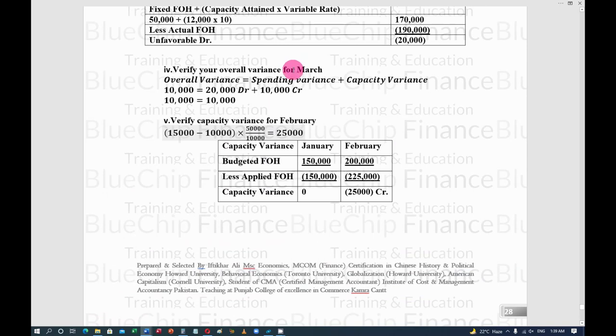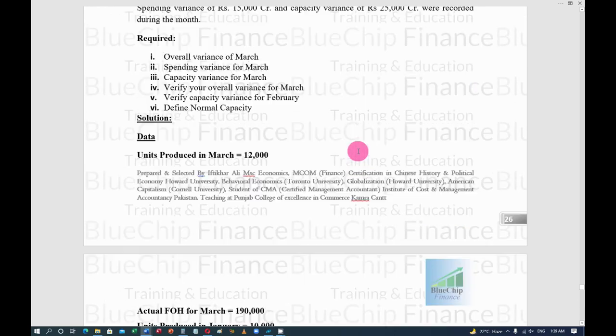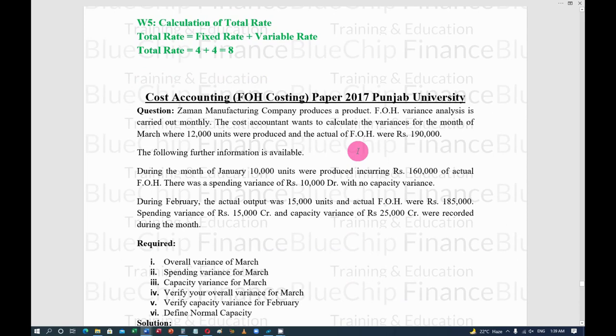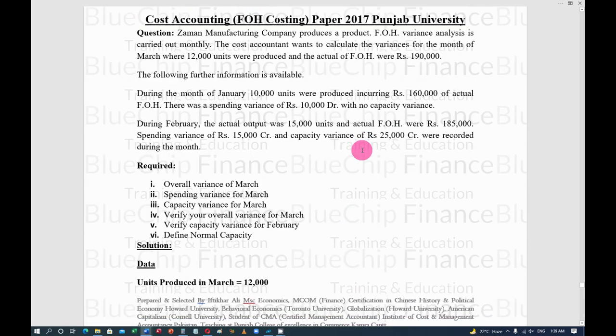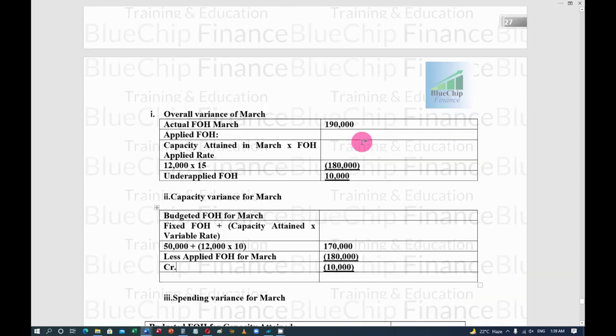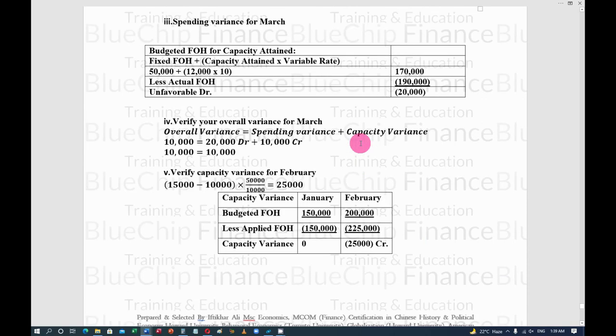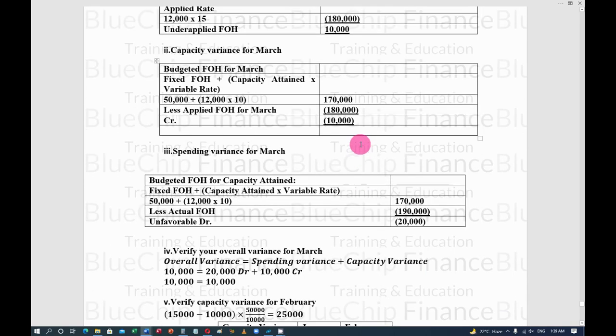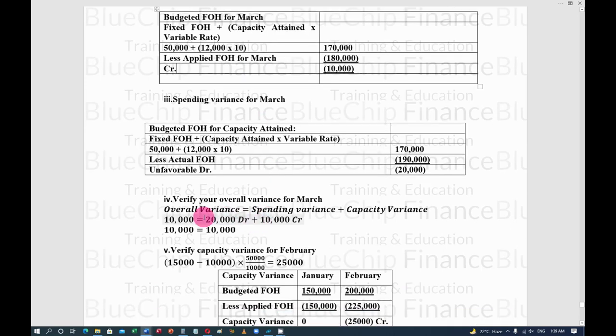The overall variance for March is 10,000, which we calculated here, and it equals spending variance plus capacity variance.